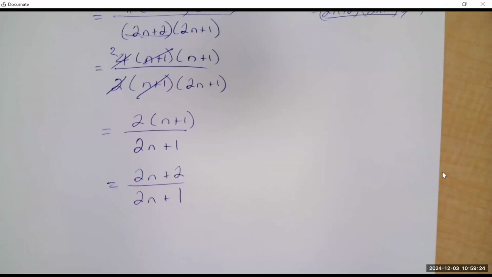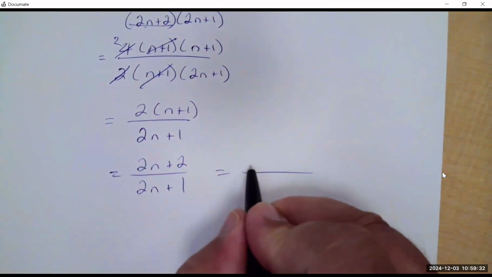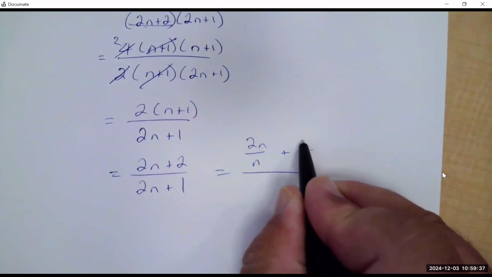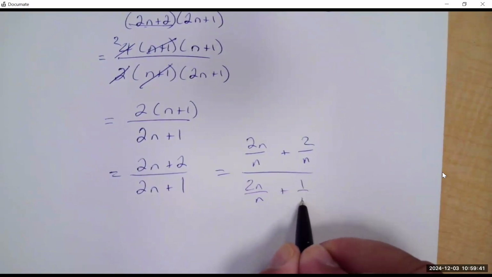What do I do next? I divide each term by n. So 2n over n, 2 over n, 2n over n plus 1 over n.